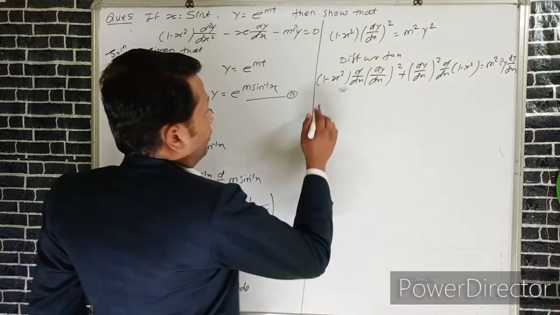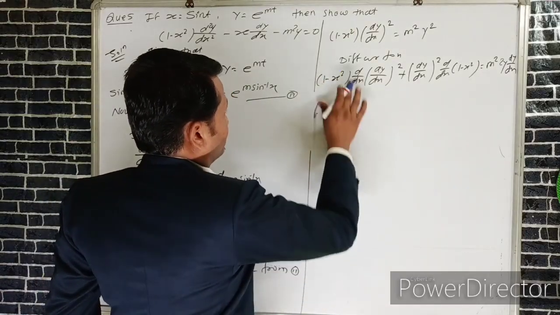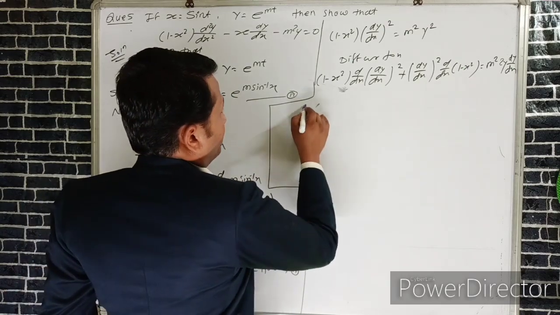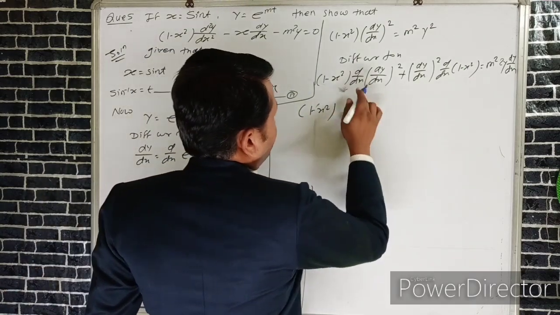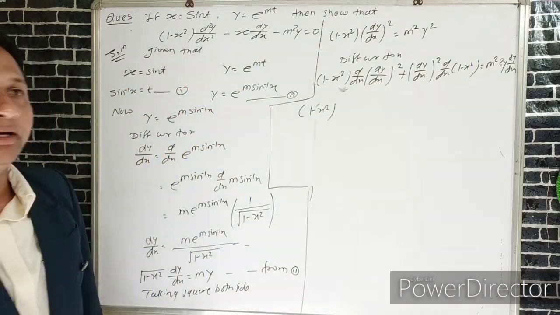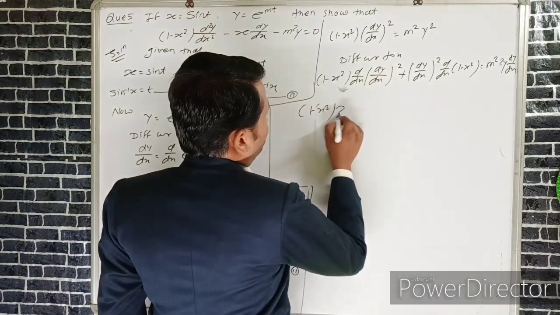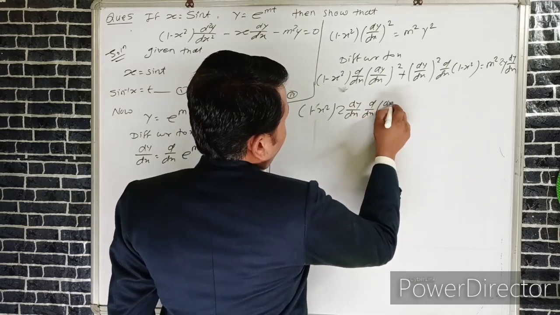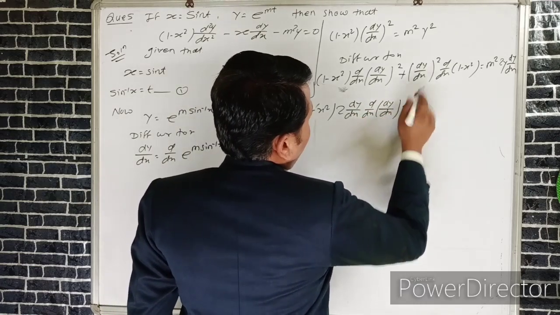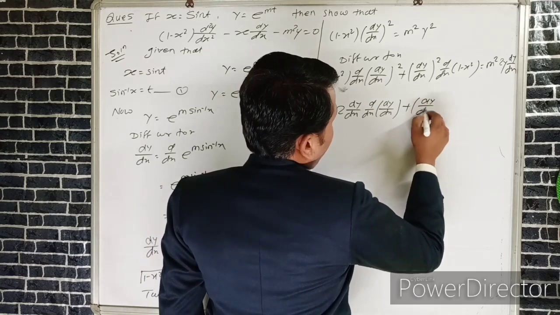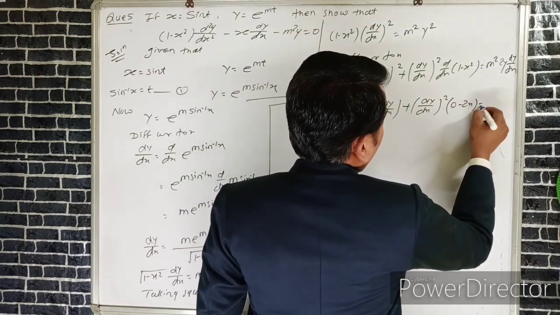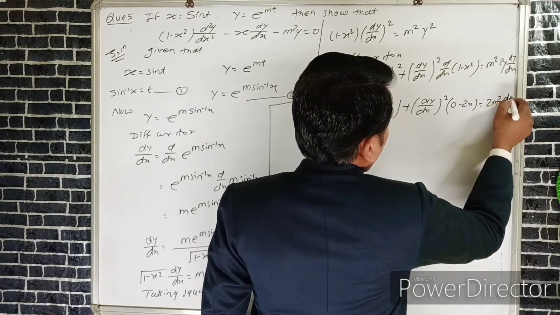So 1 minus x square as it is, the derivative of dy by dx whole bracket square by using the power rule, we can write 2 into dy by dx into again the derivative of dy by dx, plus dy by dx whole bracket square as it is, the derivative of 1 minus x square is 0 minus 2x, is equal to 2m square y into dy by dx.